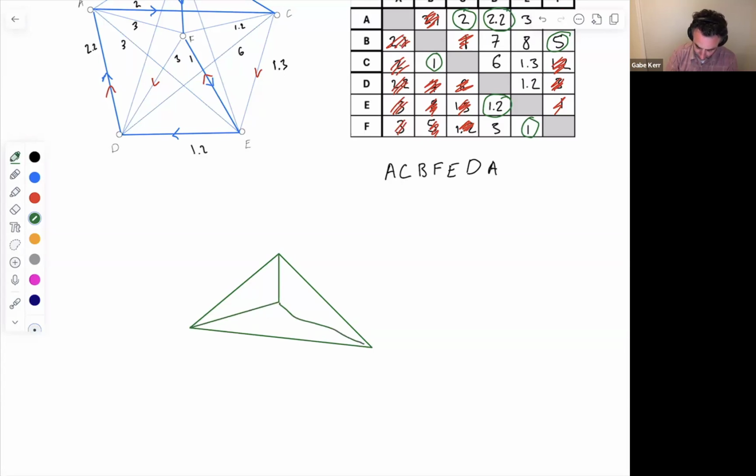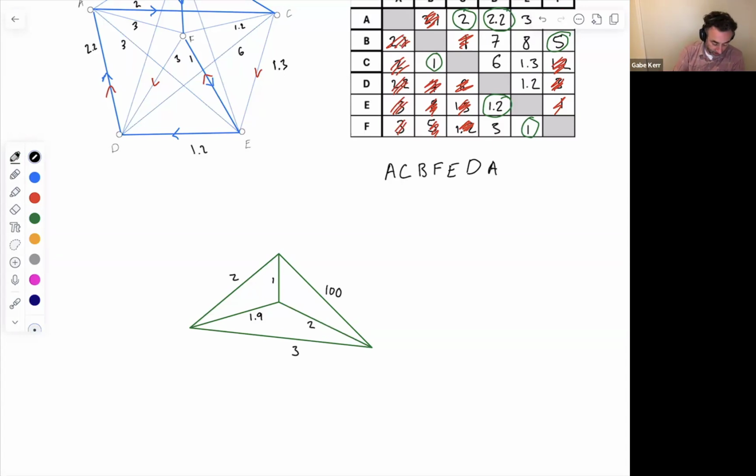But I'm going to put some weights or distances or costs on this. And I'm going to make one of these really far apart. Okay.